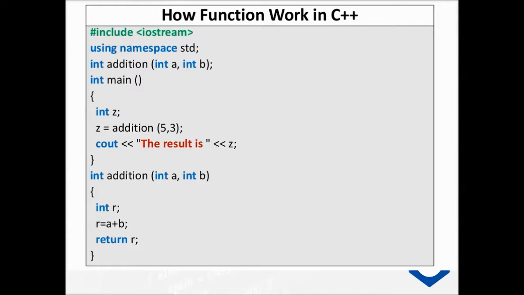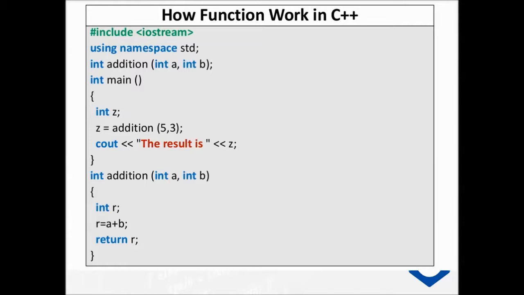So instead of writing int 5, int 3, we use two variables, int a and int b. a contains the value 5 and b contains the value 3, and then we write the body of the function.